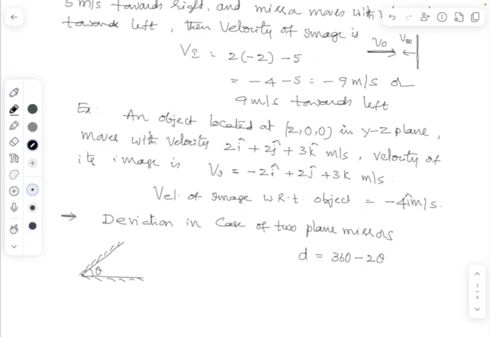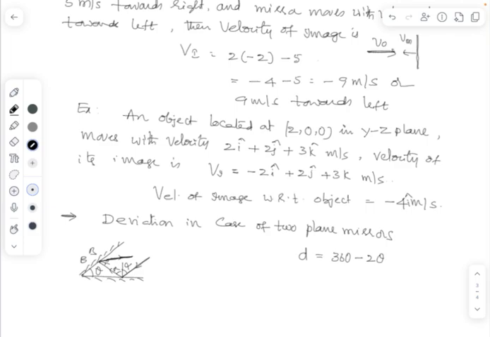Here a light ray is incident on one of the mirrors at an angle of incidence alpha, and the reflected ray is again incident on the second mirror at an angle of incidence beta. This is the reflected ray.